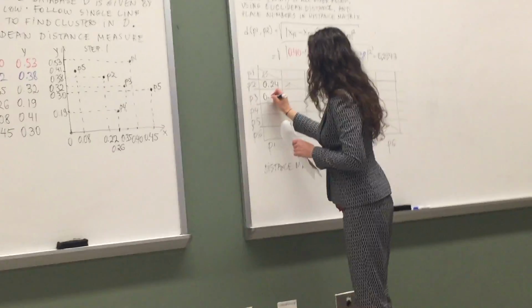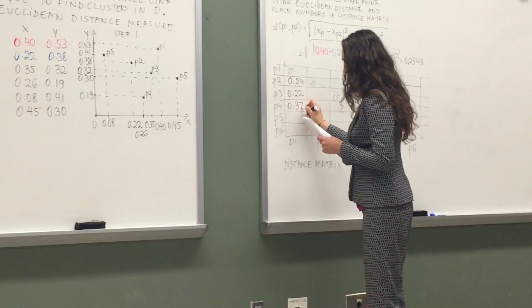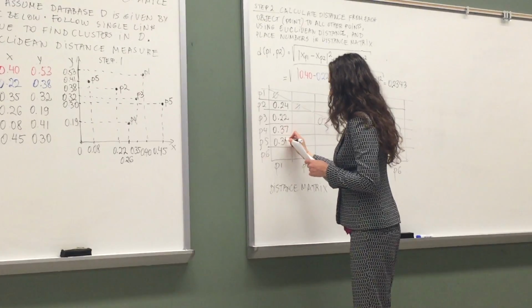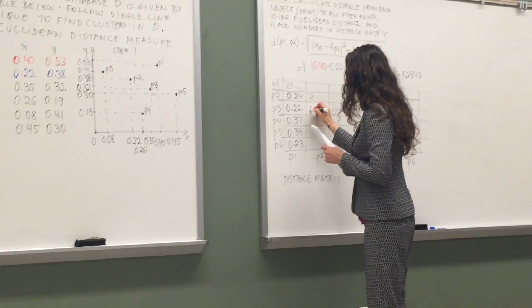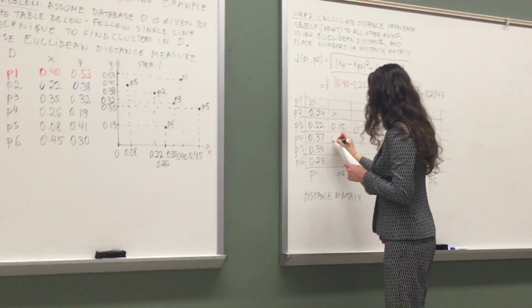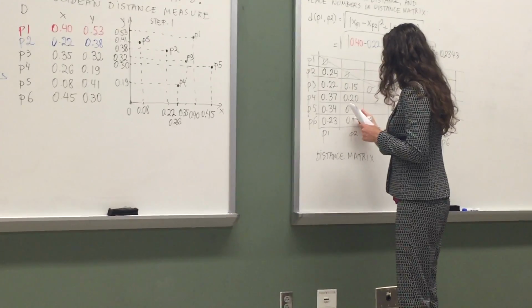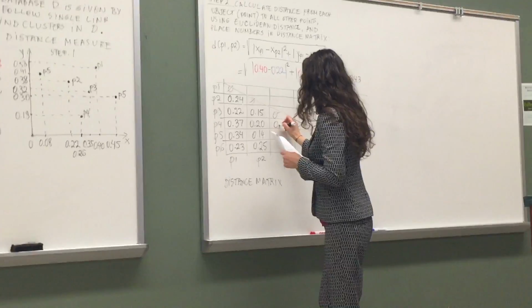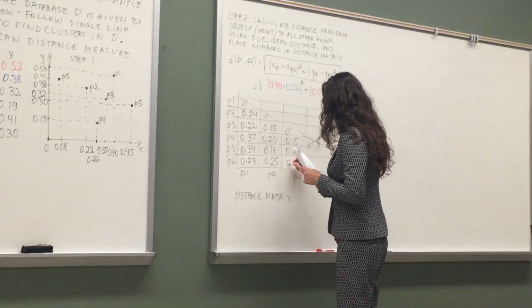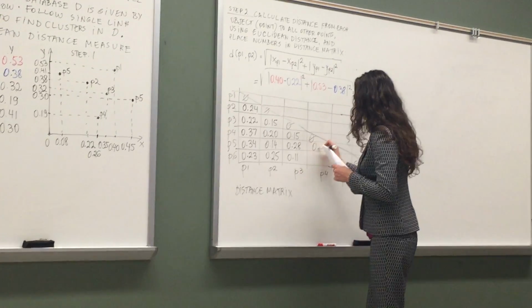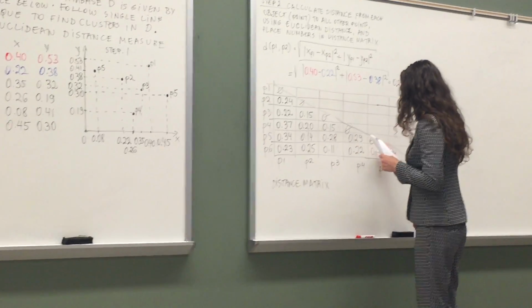This distance will be 0.22, 0.37, 0.34, 0.23, 15, 20, 14, 25, 15, 28, 11, 29, 22, 39.